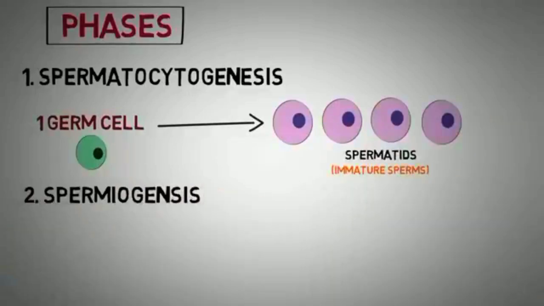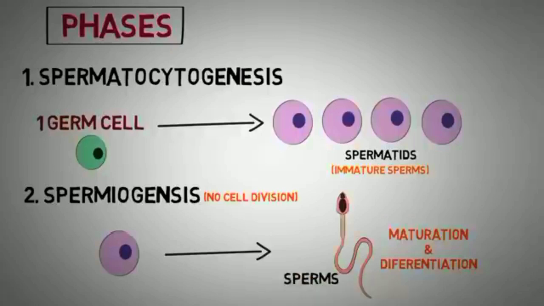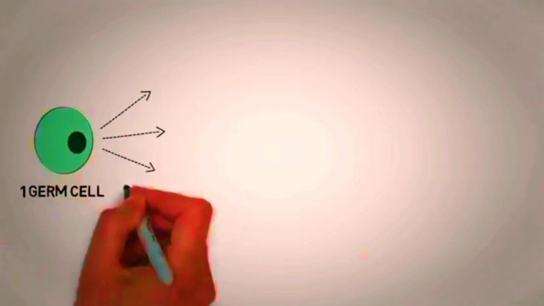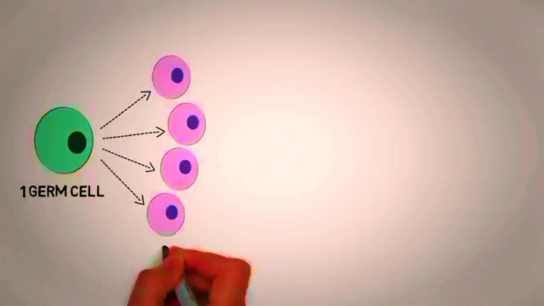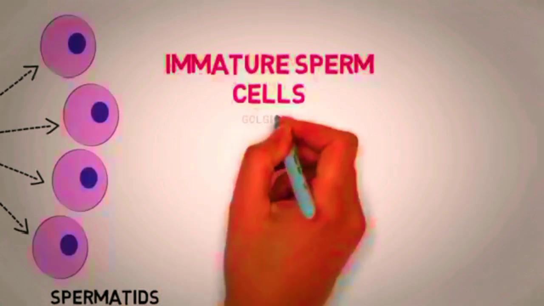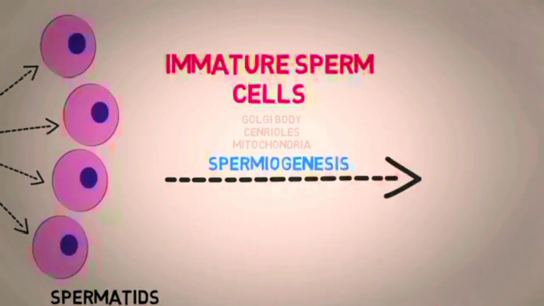In the second phase, called spermiogenesis, there is no further division, but the spermatids undergo a process of maturation and differentiation to form mature sperms. Therefore, one germ cell gives rise to 4 spermatids, but spermatids are immature sperm cells incapable of fertilization, and they contain numerous organelles like Golgi bodies, centriole, and mitochondria.